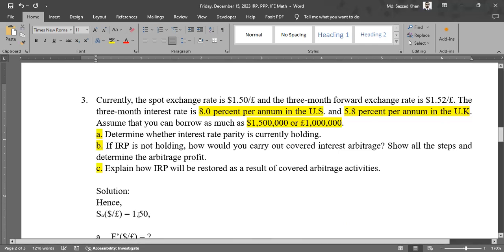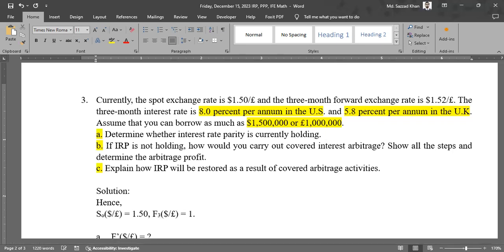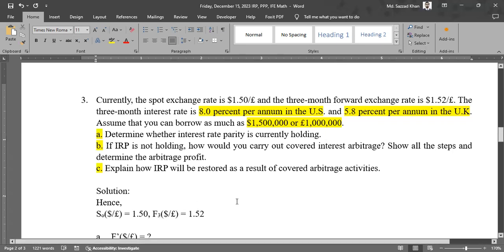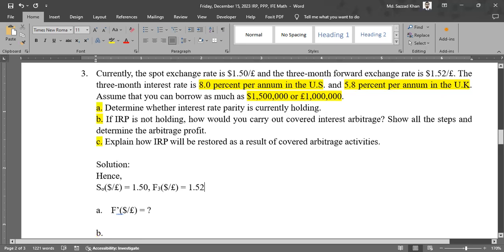Okay. The forward exchange rate, also copy. This 3 month, sorry, 3 month, it is 1.52.